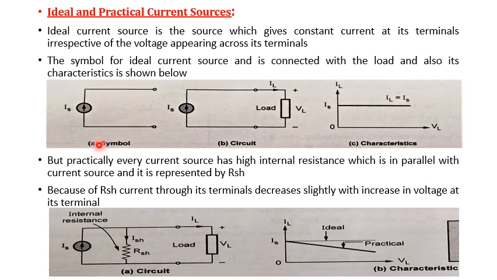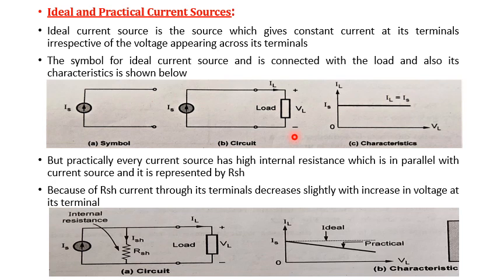Symbolically we can represent the ideal current source like this, connected with the load. If you draw the relation between the load current and load voltage, you will get a constant current irrespective of variation in the load voltage. In this case the load current is equal to the source current.